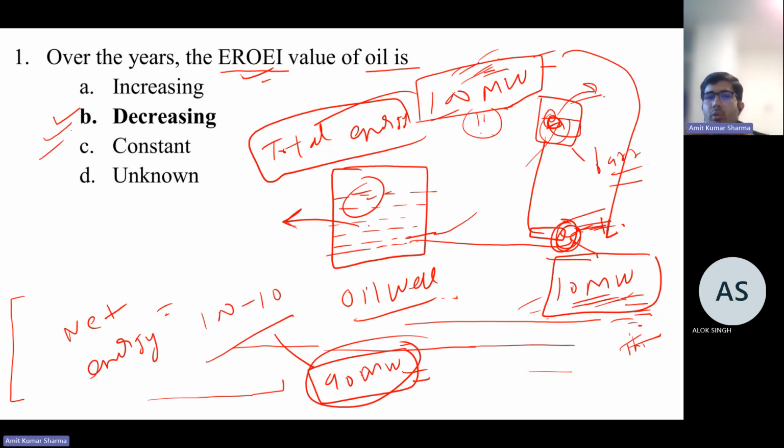Say you fill 200 barrels of oil. You will use 10 barrels to generate this 10 megawatt, and the remaining barrels will go further, equivalent to 90 megawatt. This is the concept of total energy and net energy. Is it clear? Yes, sir.